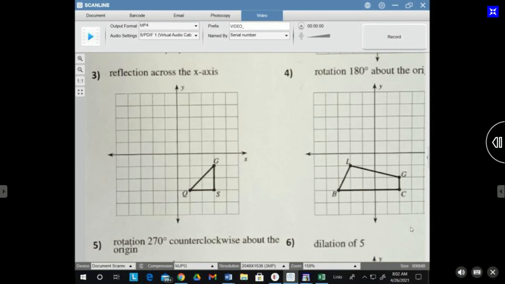Pick a point on 3 and give me the new coordinates. Pick a point, I don't care which one you pick, on 3 and give me the new coordinates. So that means it's going to flip over, just right over. Go straight up. So S is going to be on the top line, right?